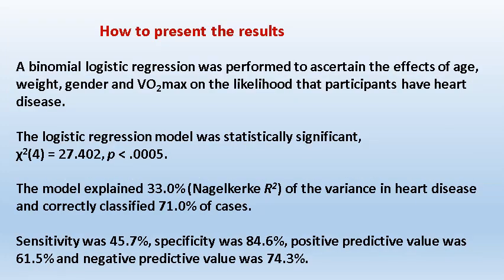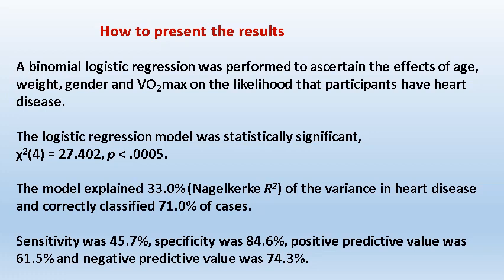How to present the result? A binomial logistic regression was performed to ascertain the effects of various independent variables such as age, weight, gender, VO2 max, that is maximum aerobic capacity, on the likelihood that participants have heart disease.